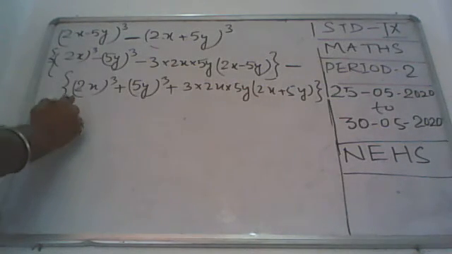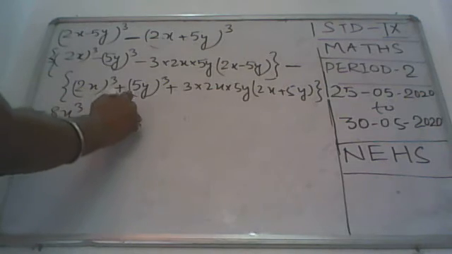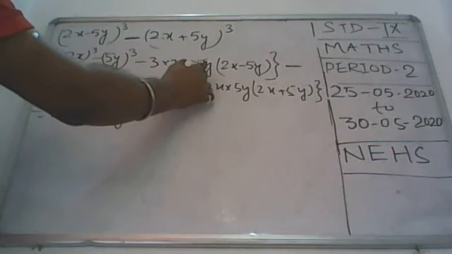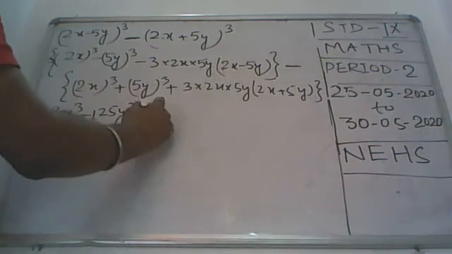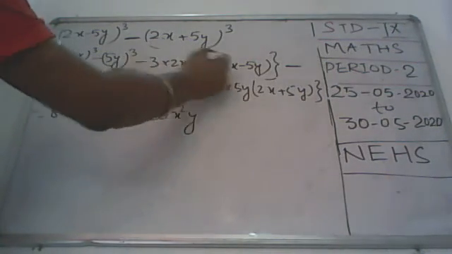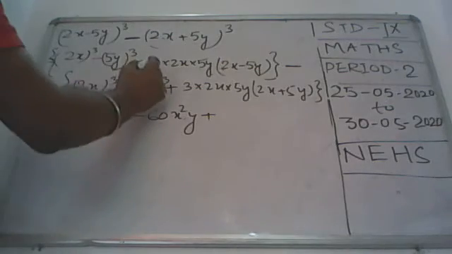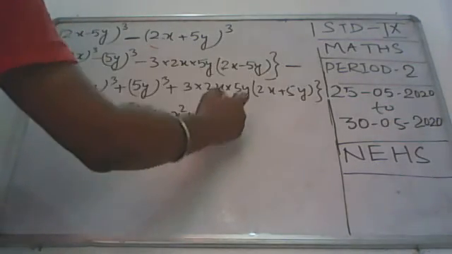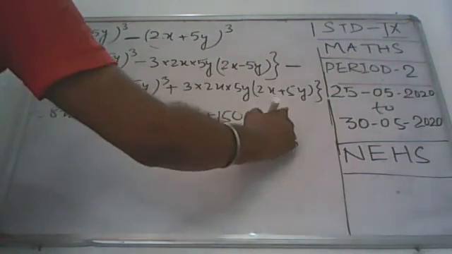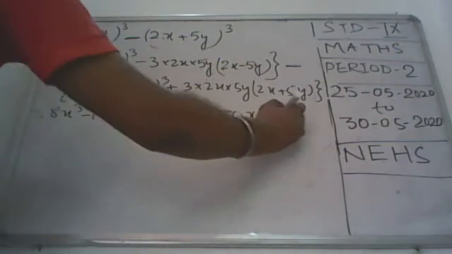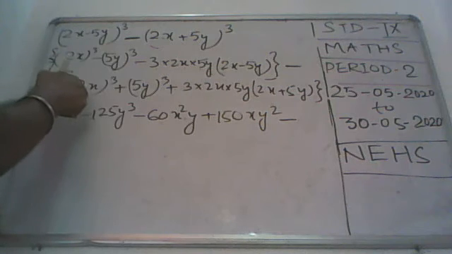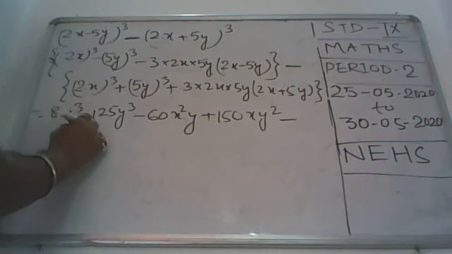This will become 8x cube minus 125y cube minus 3 times 6 is 18... 3 into 2 into 5 is 30, 30 times 2 is 60, so 60x square y, and minus minus plus, same thing, 3 into 2 into 5 is 30, 5 times 30 is 150, then x y square. Okay, then there is minus also, it will become minus 8x cube.